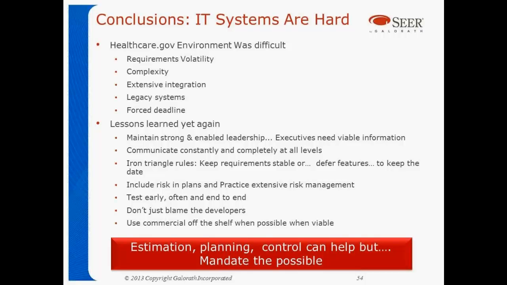We have every reason to believe that there were extremely competent teams of developers on these systems. They had hard problems. They had difficult deadlines. And use commercial off-the-shelf software when viable, but remember, it's not a panacea either. So the bottom line here is estimation, planning, and control can help, but mandate the possible, not the impossible.